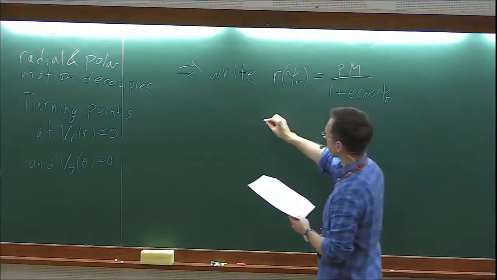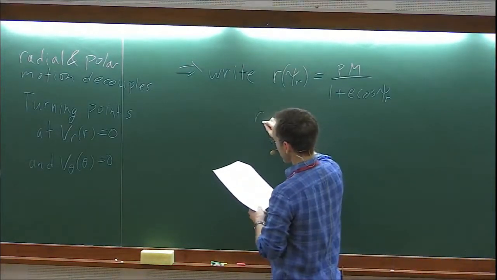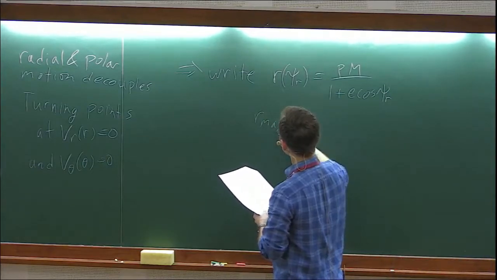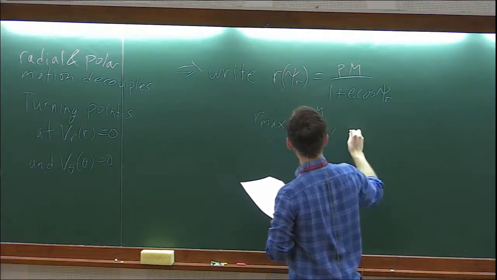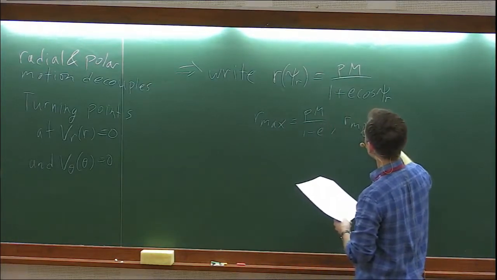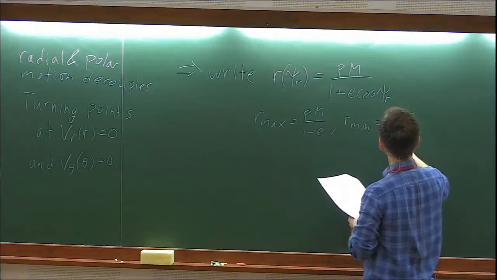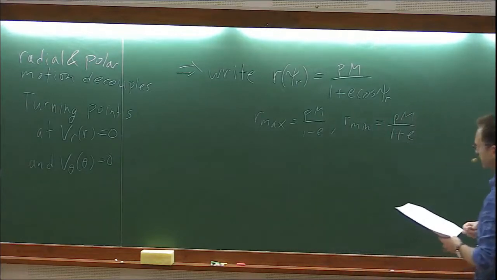And again, just like in Schwarzschild, our max is p M over 1 minus e, and our min is p M over 1 plus e.